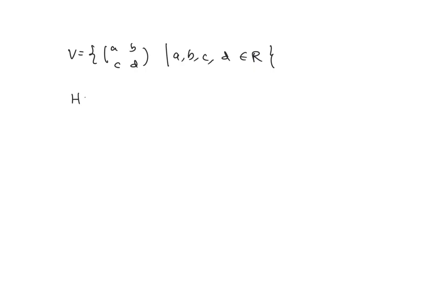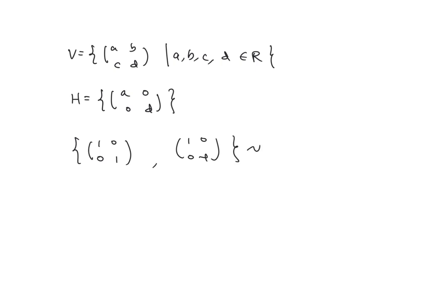If I consider the set of, say, A0, 0, D type matrices, this is a vector space. So in other words, H is a subspace of V, right? In H, 1, 0, 0, 1 and 1, 0, 0, negative 1 are linearly independent. This is linearly independent in H, right?